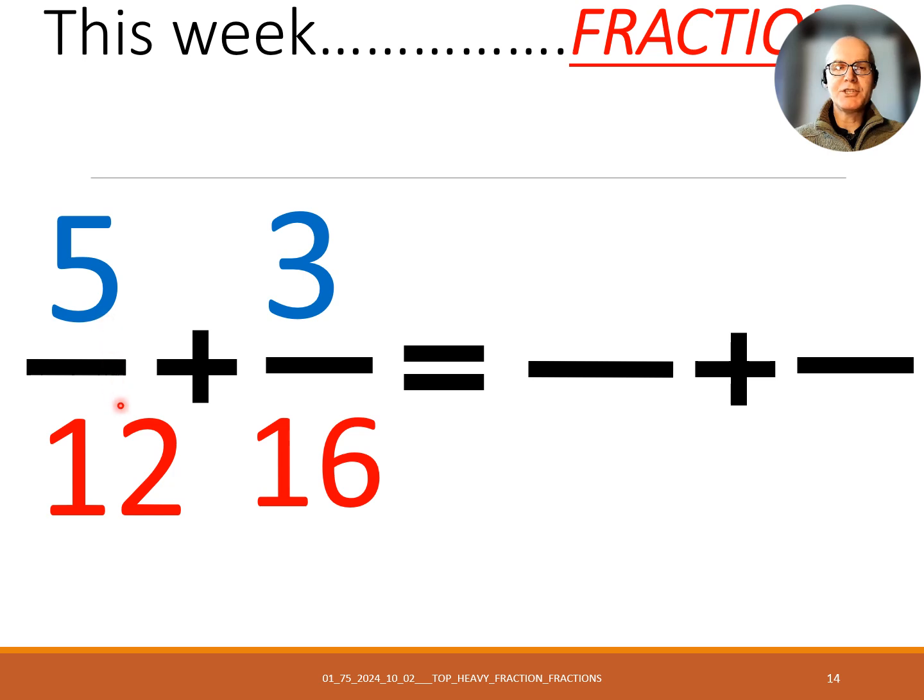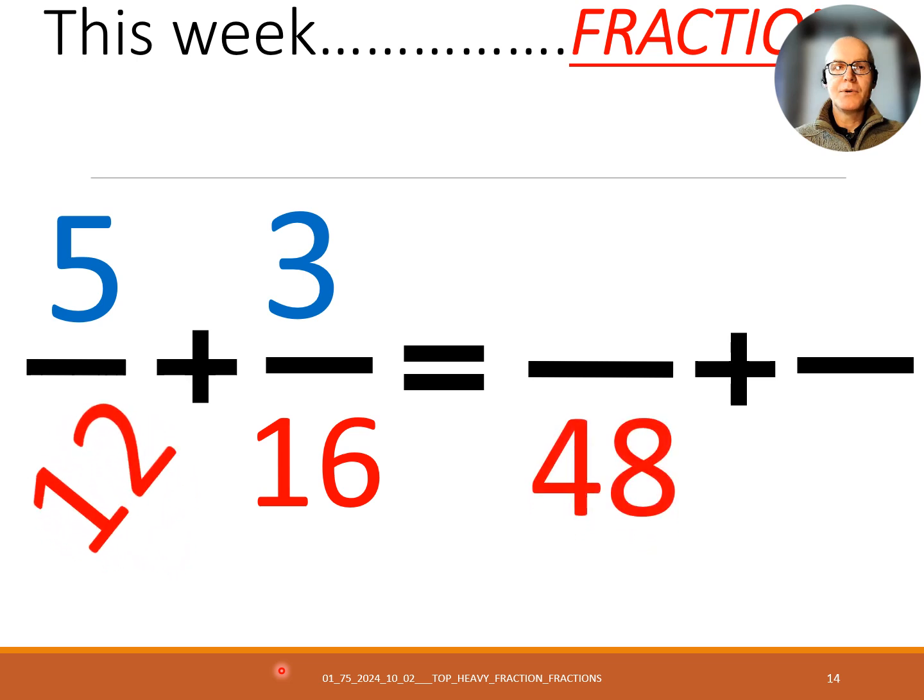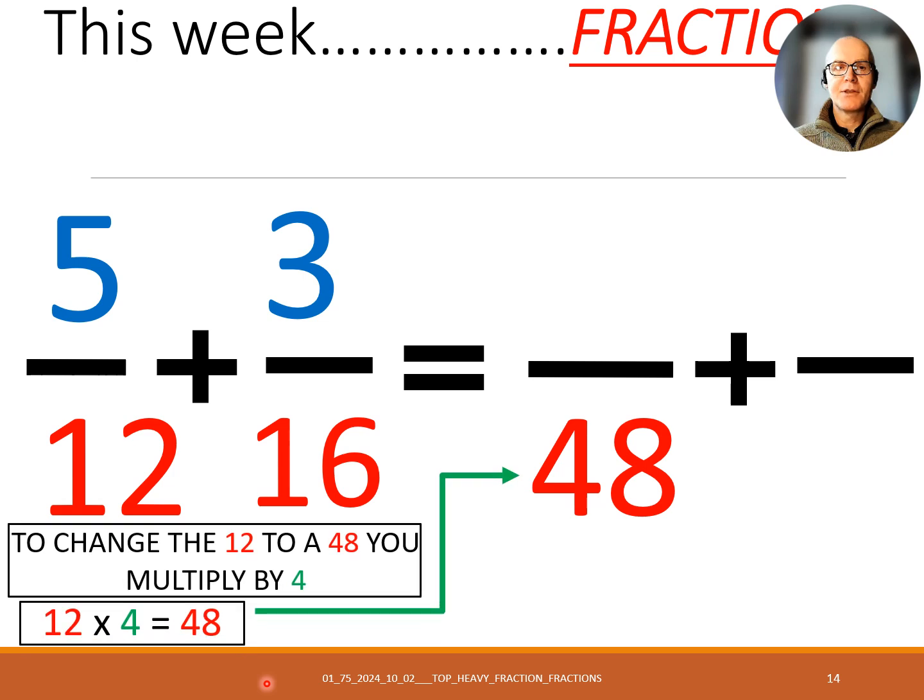Here's our sum of fractions again, 5 twelfths plus 3 sixteenths. What do we need to do to change 5 twelfths into 48ths? To change 12 to 48, we had to multiply 12 by 4. 12 fours, 48.